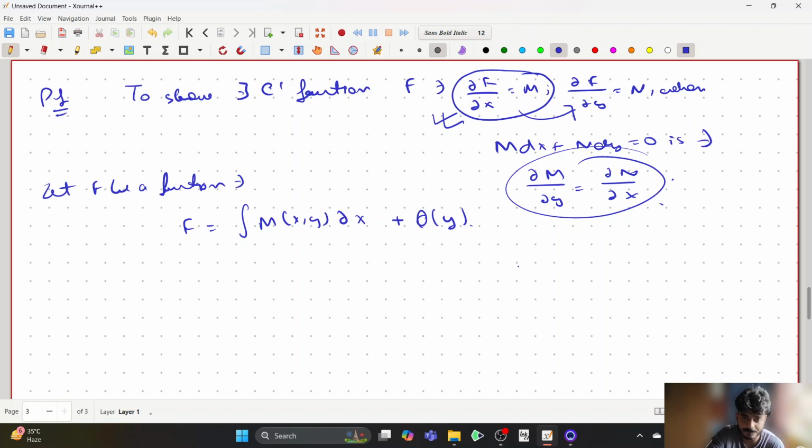By integrating partially with respect to x, what we mean is that in this integration y is constant. The only variable this integration depends on is x. So I have such a function f which satisfies one of those equations.